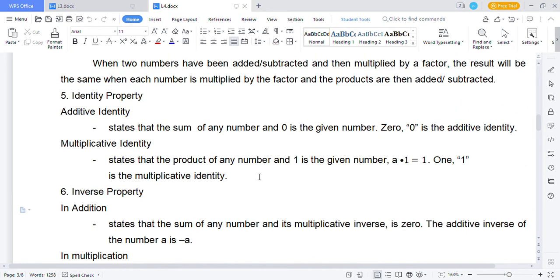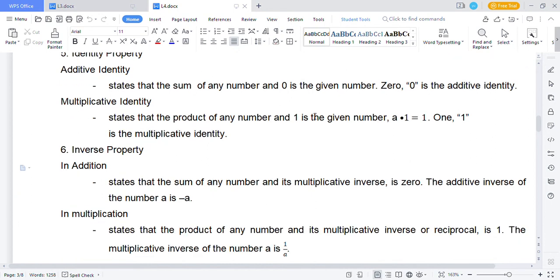Balik ta sa identity. Unsa pa ang atong additive identity? That is 0. How about our multiplicative identity? 1. Okay.